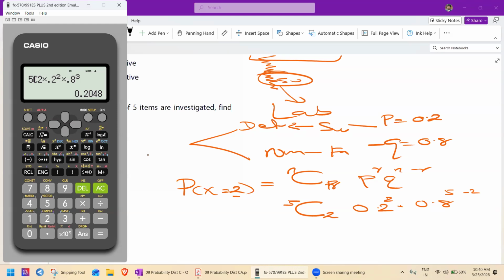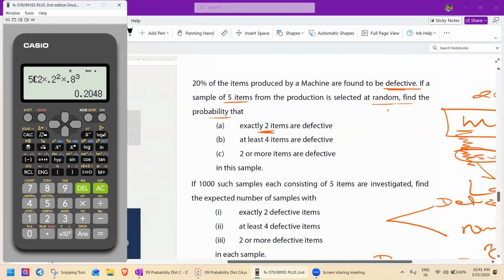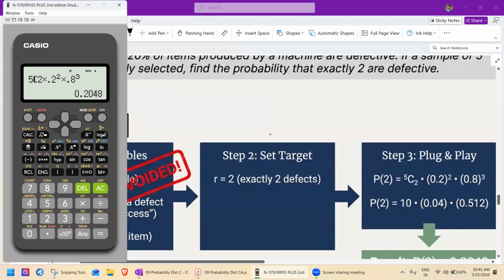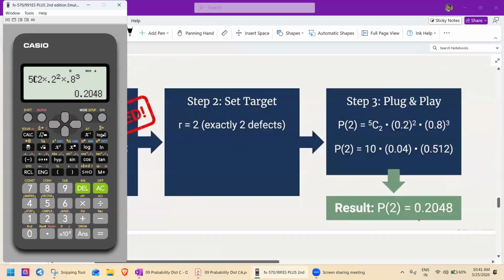Clear? So the probability that exactly 2 items are defective, the result, probability of getting exactly 2 defective items equals 0.2048. It's 20.48 percent.